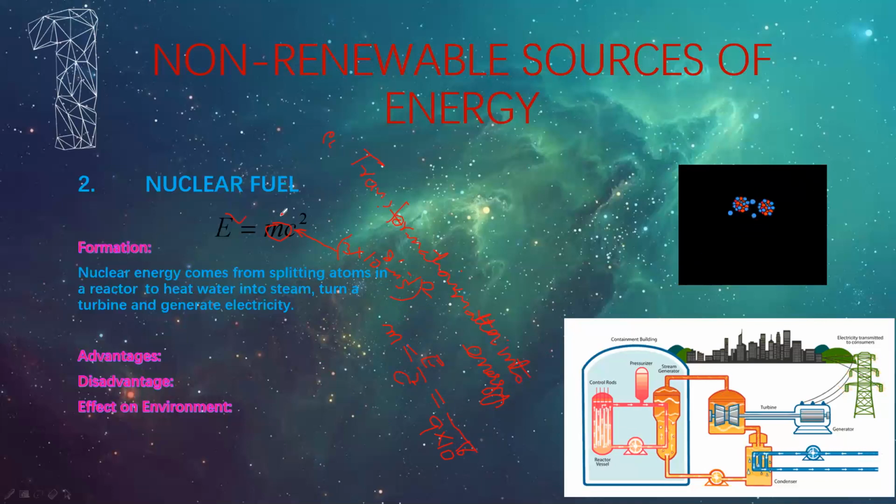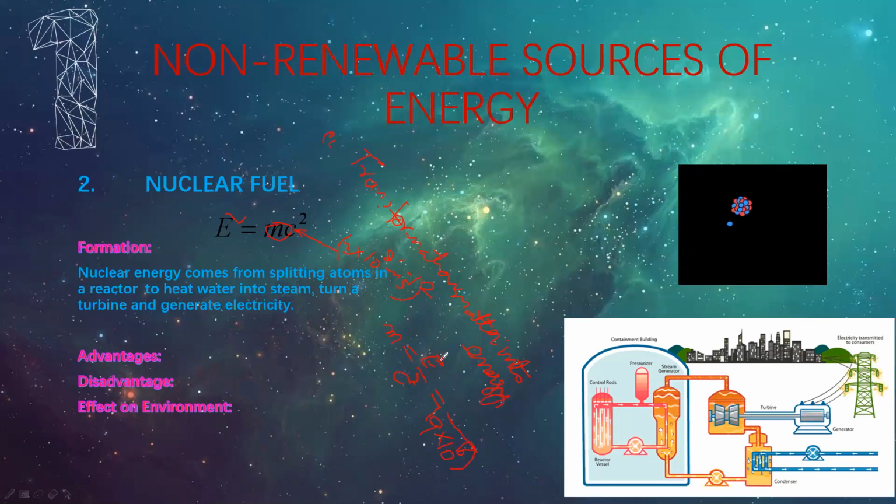Now look, to convert 1 kilogram of mass into energy, you have to supply this amount of energy, although 1 kilogram of mass is a very large quantity of matter for this kind of reaction.